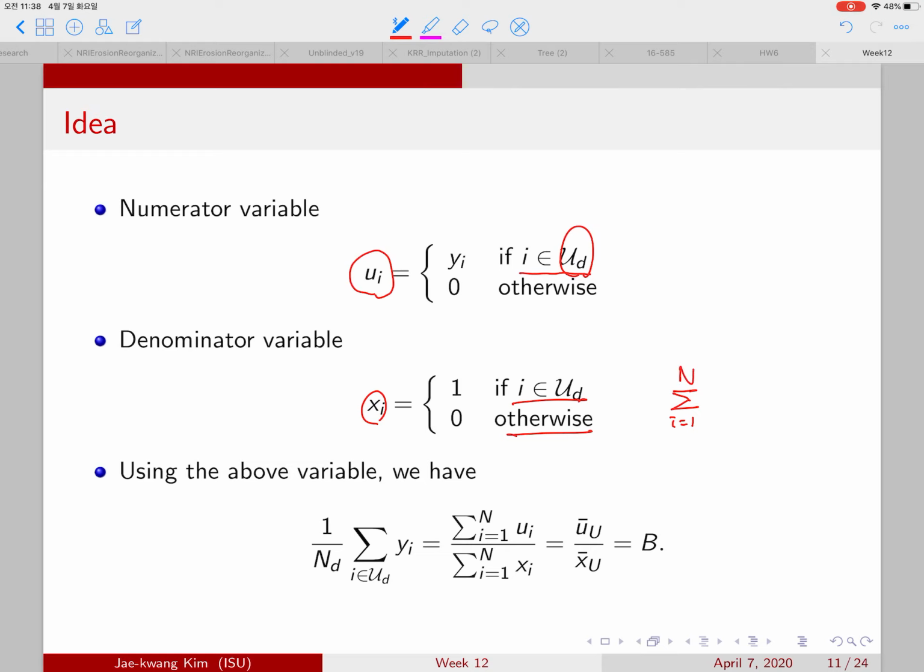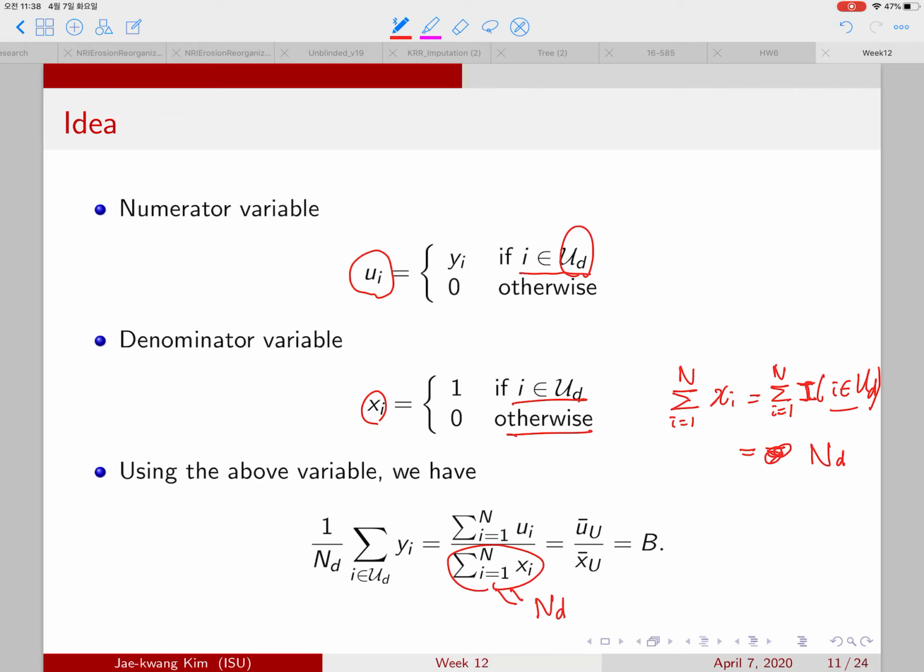It equals the number of elements in U_D, so we just count. I is just the indicator: if the owner is in the domain, it is 1, otherwise 0. So this one becomes N_D.